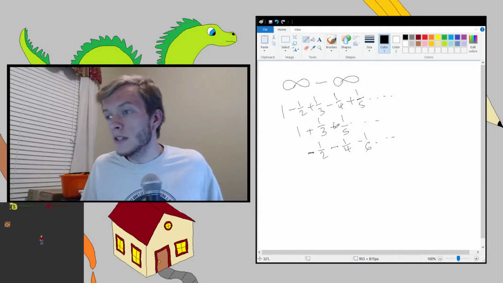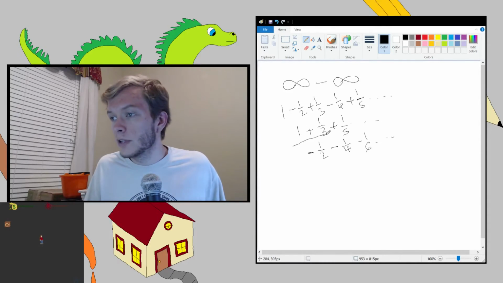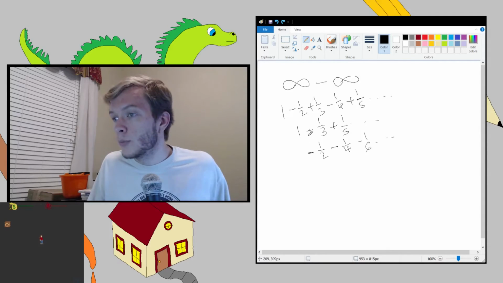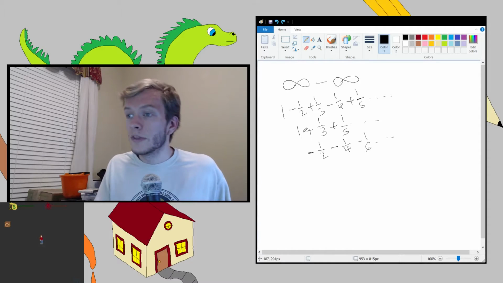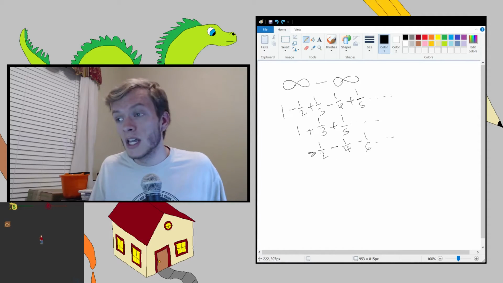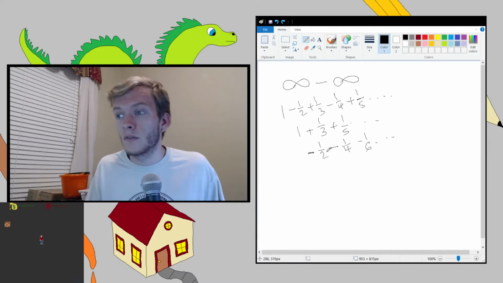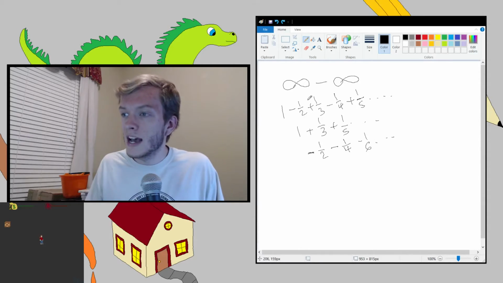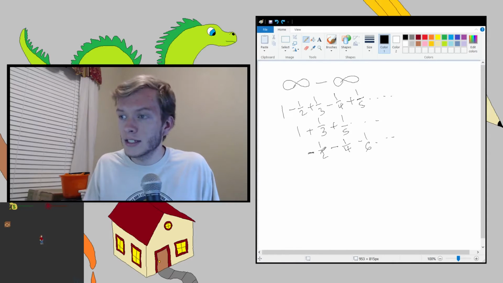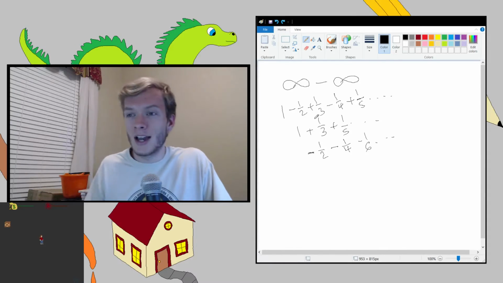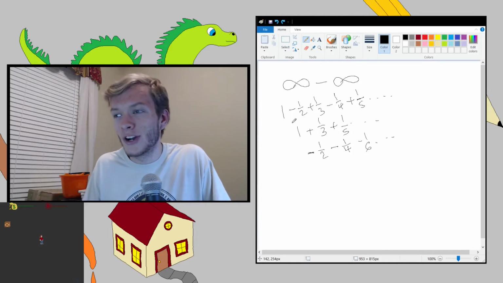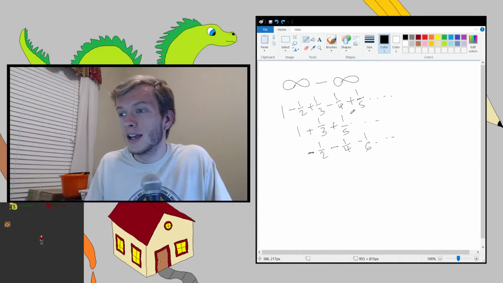Both of these series that we've split up approach their respective infinities. This series approaches positive infinity, and this series approaches negative infinity, because everything is negative. So what's happening here is we're subtracting this series from this series, but the order that we do this in can actually change the outcome of the convergence.